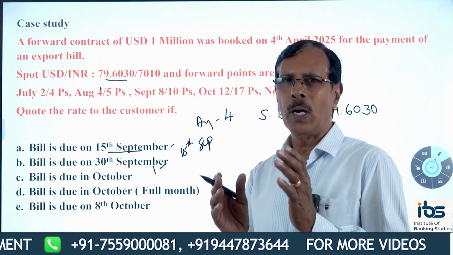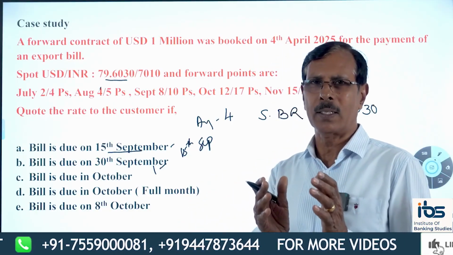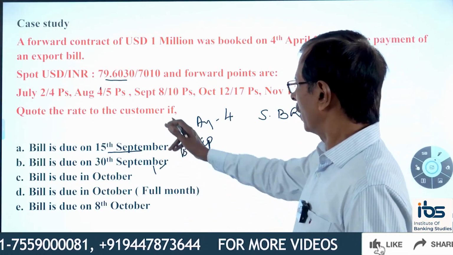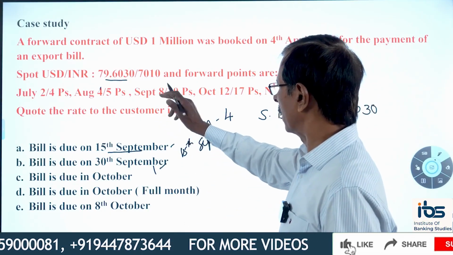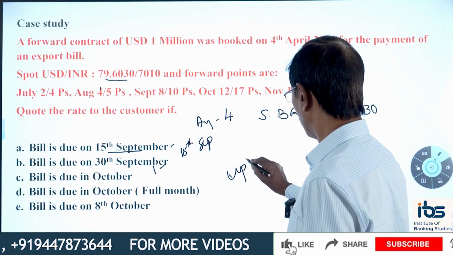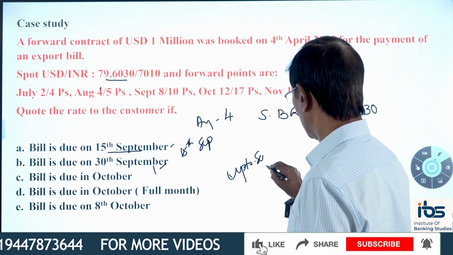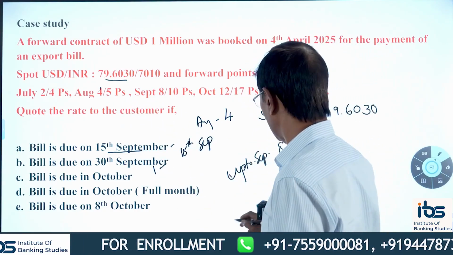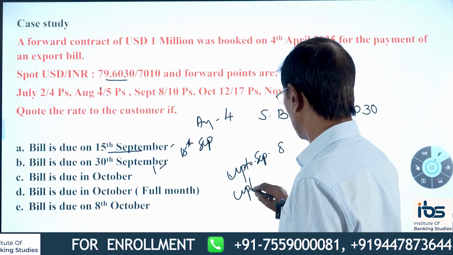For that, you have to calculate the premium for the month of September. Look, 8 paise is up to September and 4 paise is up to August.